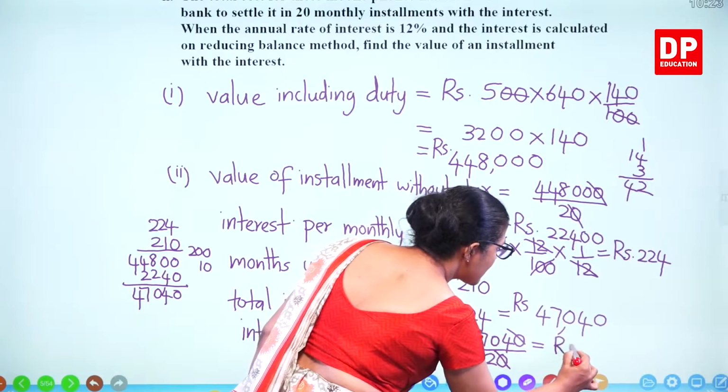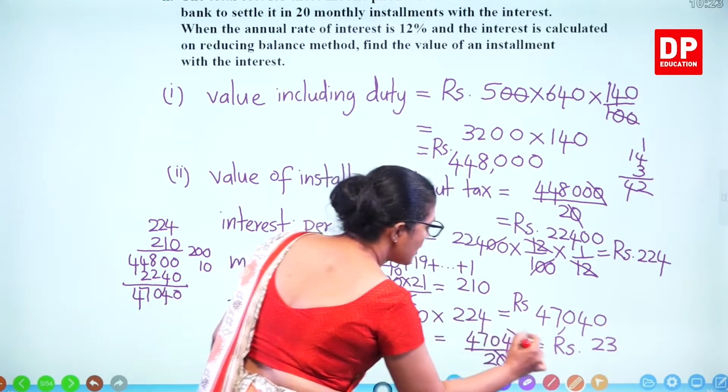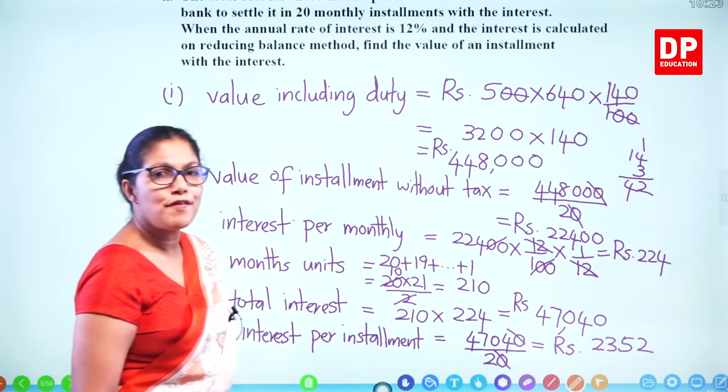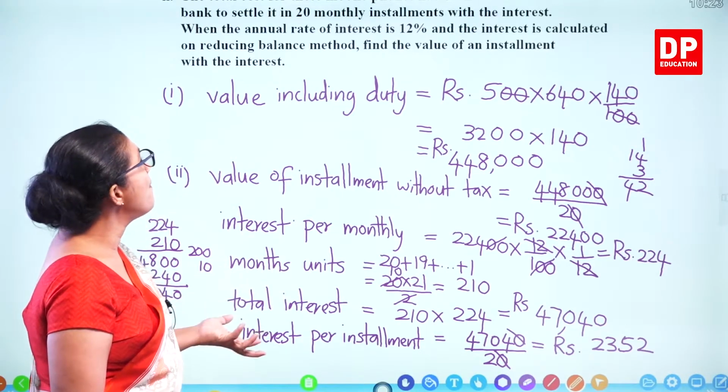So what's the interest? 2, 3. For 10 that's 5, 2. 2,352 interest per installment.